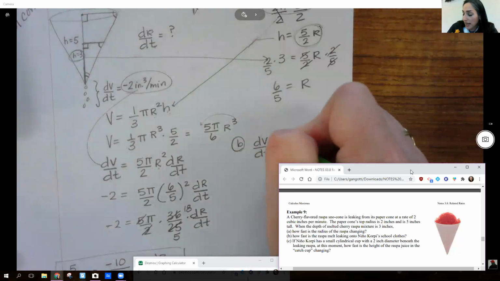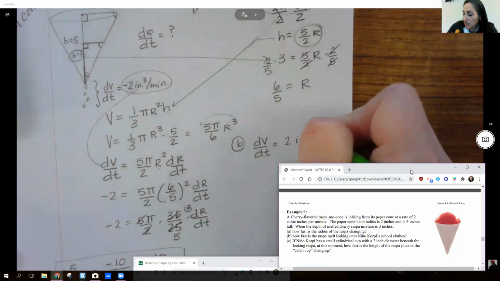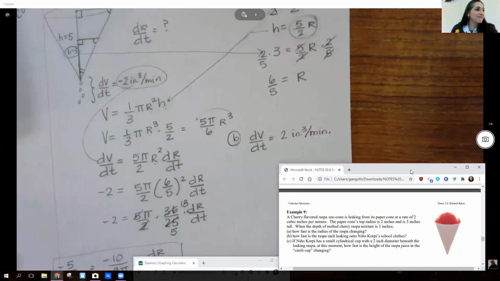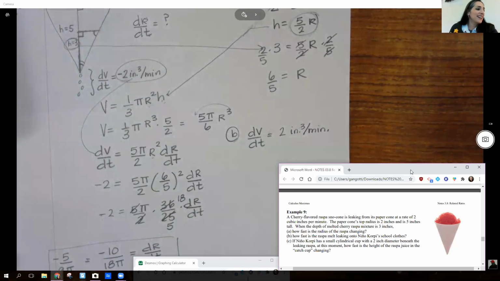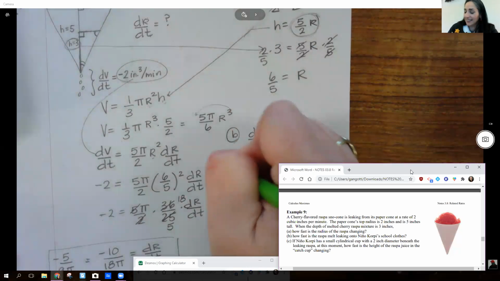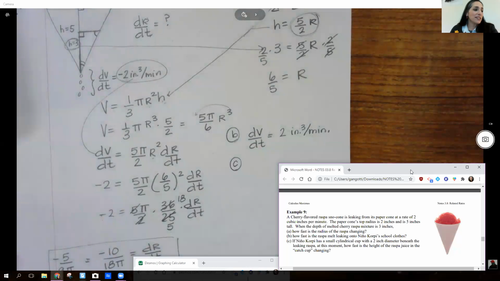So this would become +2 cubic inches per minute. All right, part C. That was it for part B. Part C, if Nino Corpi has a small cylindrical cup with a 2-inch diameter beneath the leaking RASPA, at this moment, how fast is the height of the RASPA juice in the catch cup changing?